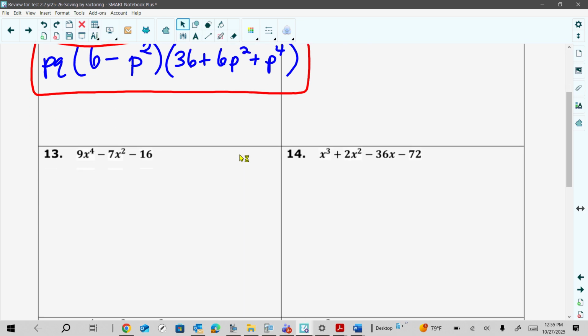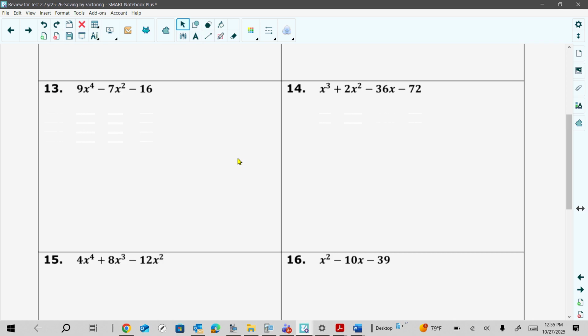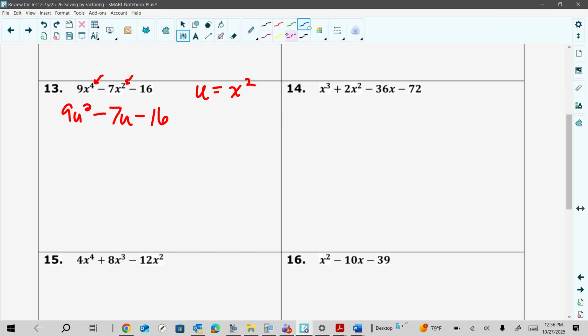All right, I wanted to look at 13. We can do it as a substitution if you want, because you have x to the fourth and an x squared. So remember, if you do substitution, you can let the u be the x squared. So when I do that, this would be 9u squared minus 7u minus 16. And then we have a coefficient here, that's the 9. I'm going to have to slide, multiply, then divide here.